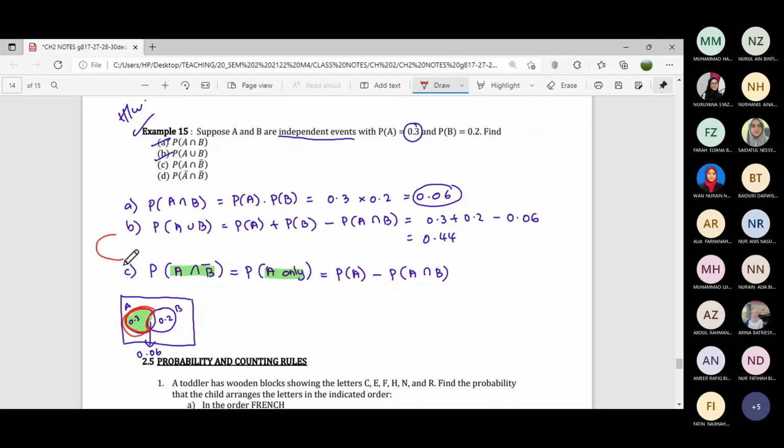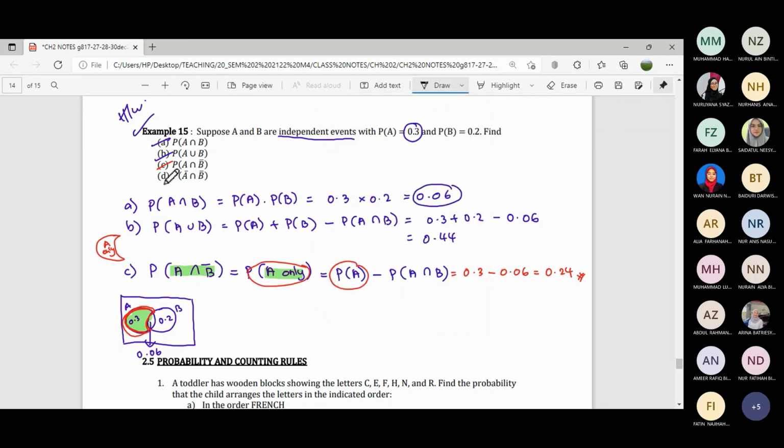This is A only. So that's why kita ambil A, ambil A ni tolak dengan dia punya persilangan. Okay. So we have here A is 0.3 minus with persilangan 0.06. So we have here 0.24. Okay. Dan untuk C, clear tak untuk C?